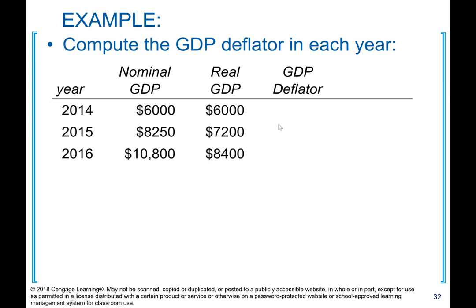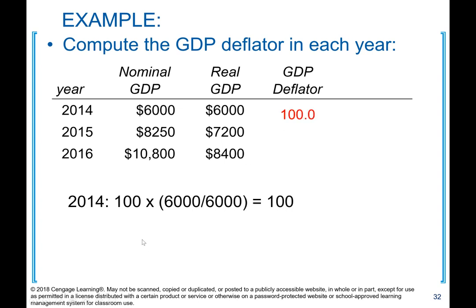The GDP deflator is nominal GDP divided by real GDP times 100. For 2014, the GDP deflator is 100. In the base year, the GDP deflator is always going to be 100.